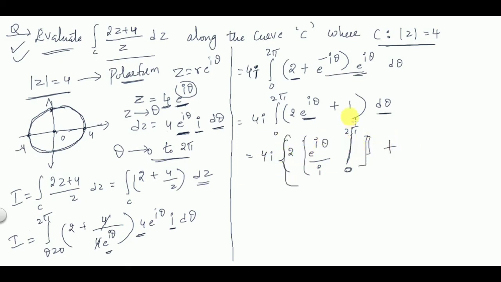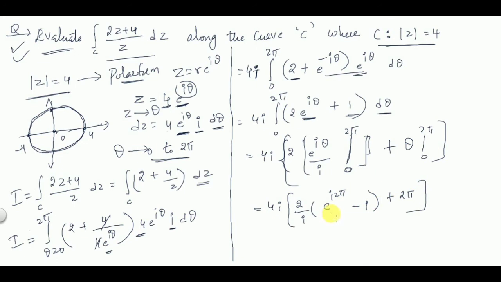Plus the next integral, the integral of 1 dθ is theta, with limits from 0 to 2π again. So 4i into 2 by i into (e^(i·2π) minus 1) plus 2π.